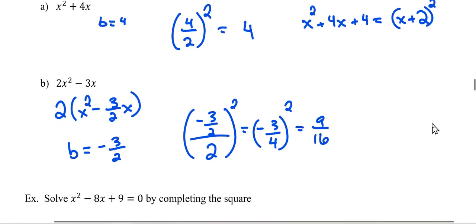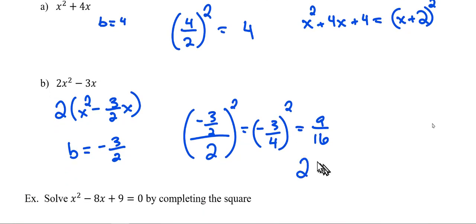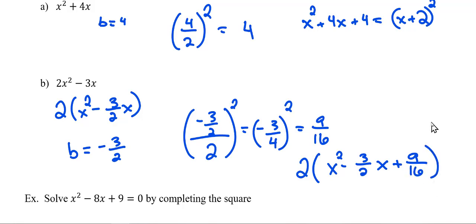So this one gets a little yuckier because we now are going to rewrite this as 2 times x squared minus 3/2 x plus 9/16. And then that is 2 times the quantity x minus 3/4 quantity squared is how that one would factor. Now that one's a little bit harder to see how it factors.